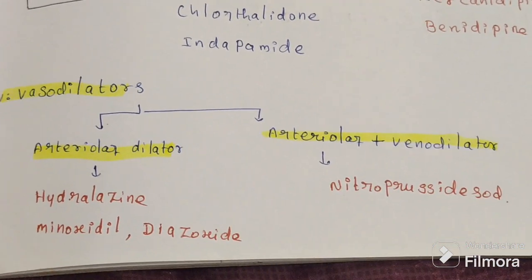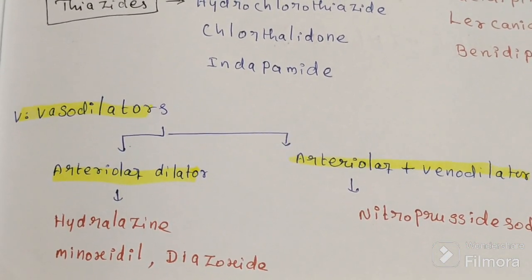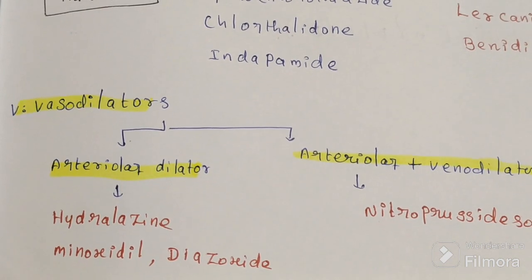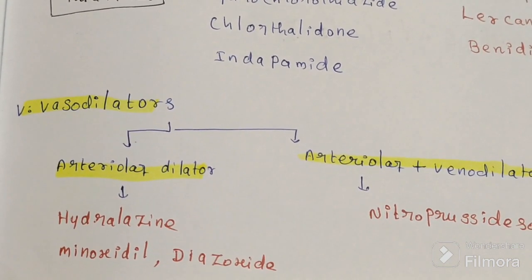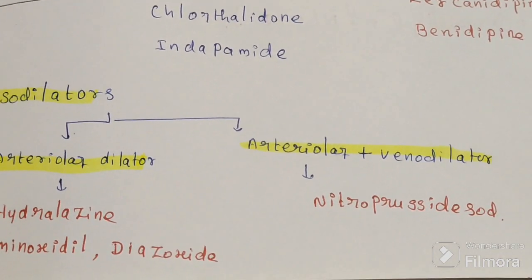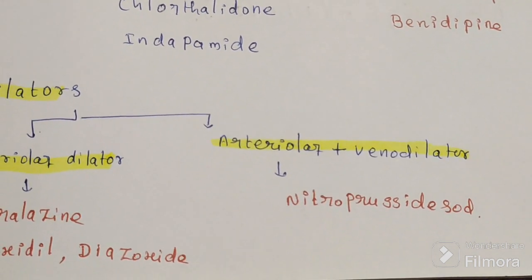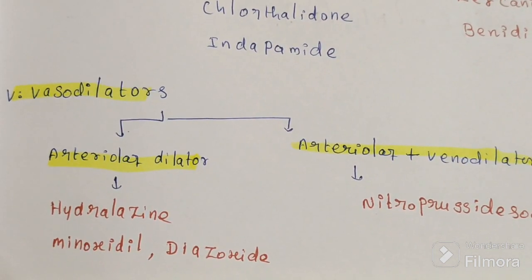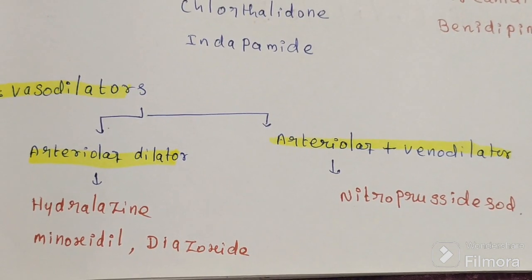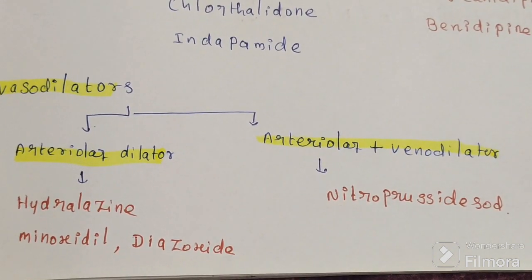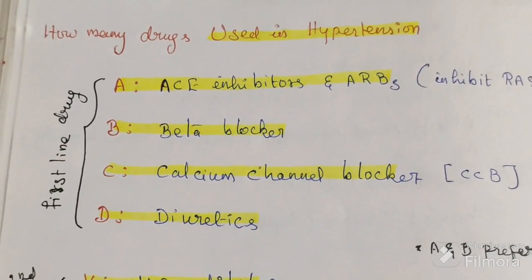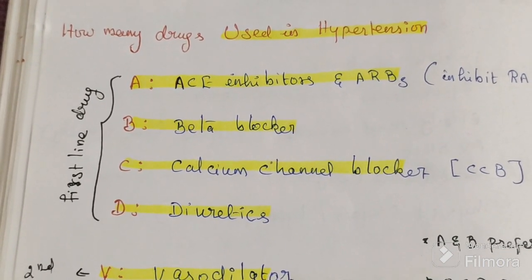Then vasodilators: arteriolar dilators and venodilators. Arteriolar dilators are hydralazine, minoxidil, and diazoxide. In the venodilators, nitroprusside. So these are five different types of drugs, and the mechanism of action is already known.